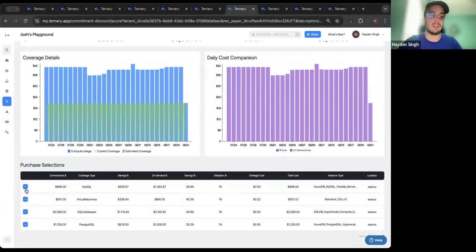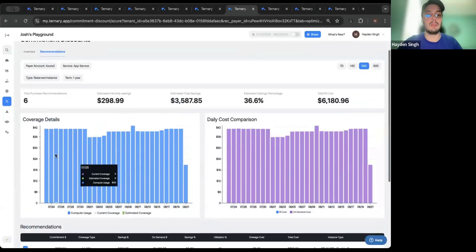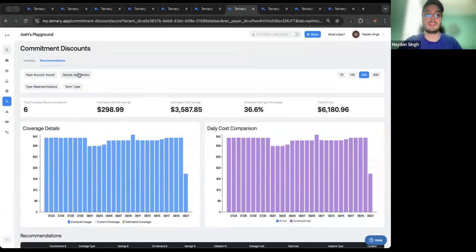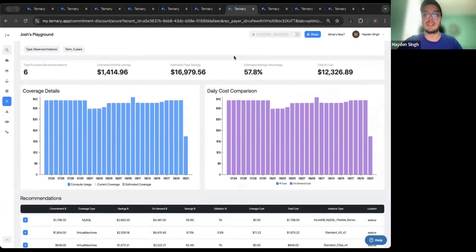And when I start to look at the different recommendations that are available, this is going to be done by a few different services, whether it's App Service, Block Blob, Cache for Redis, MySQL, PostgreSQL, or virtual machines, and whether we want to look at an RI or savings plan commitment versus the 1 year and 3 year commitments that we can start to drill into. So by looking at a 3 year, we can see what our monthly average savings would be, and then our estimated total savings over that 3 years, and then the estimated savings percentage being around 58% there, along with the total RI cost.